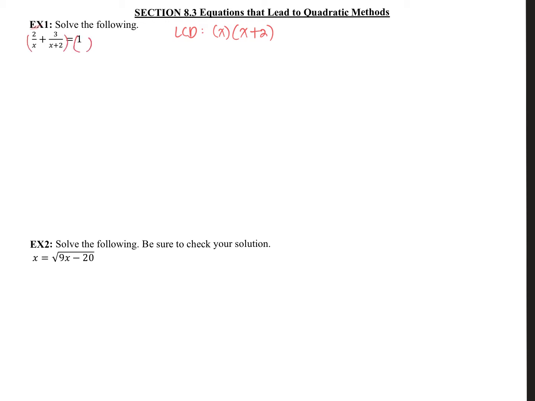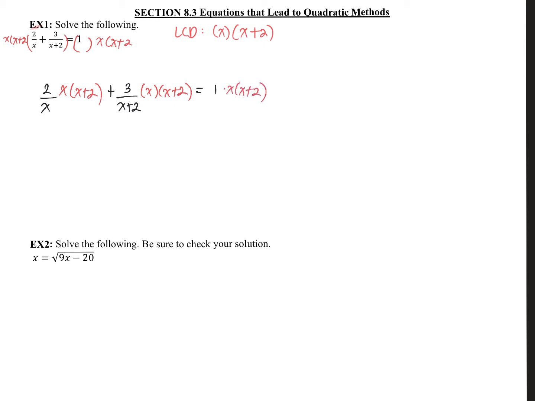Okay, so we have both sides times x times x plus 2. And when I distribute that out, what do we have? We have 2 over x times x times x plus 2, plus 3 over x plus 2 times x times x plus 2, and then that's all equal to 1 times x times x plus 2.